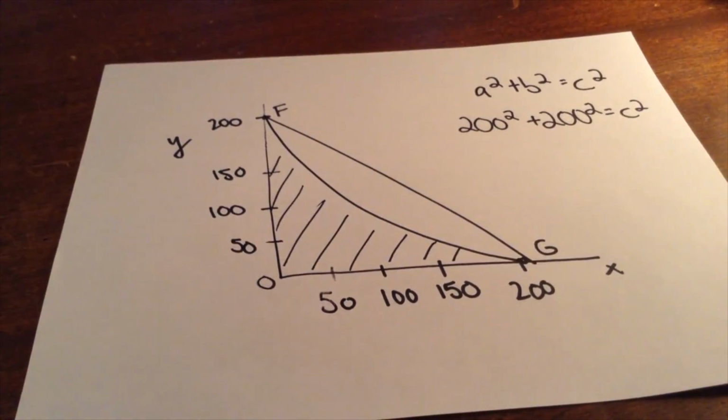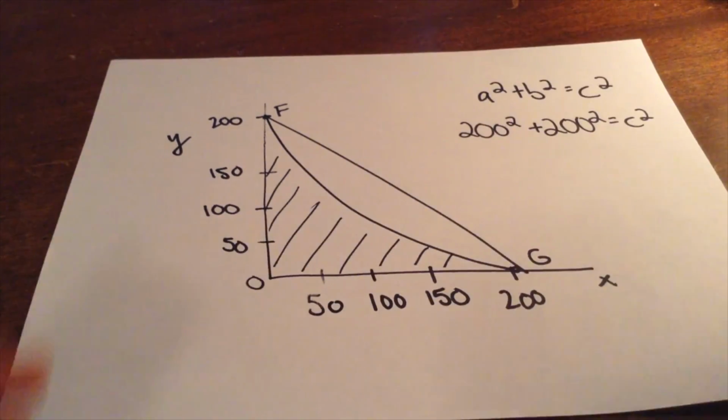He finds an initial estimate A for the shaded area by using FG and computing A equals 1/2 times 200 units times 200 units equals 20,000 square units. The area of the shaded region is, and then it gives you options based on the answer that Tran found.